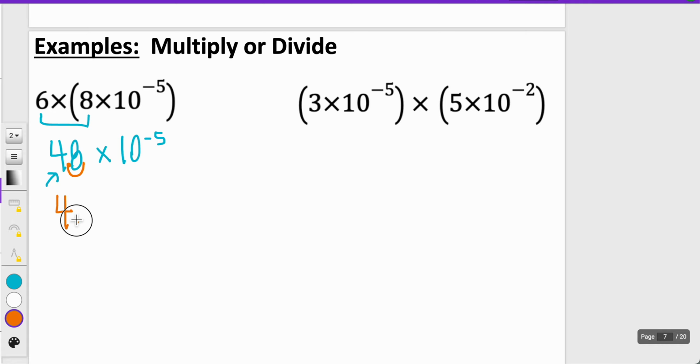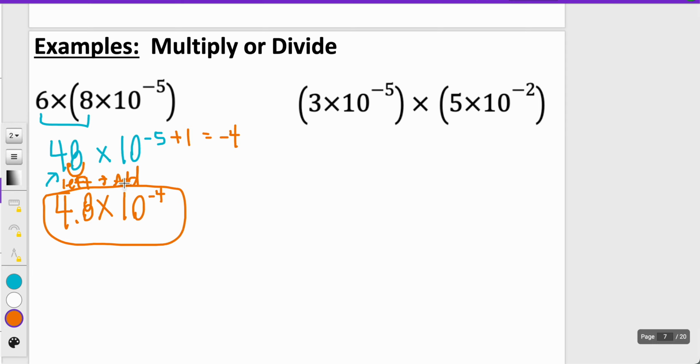So yes, my decimal will be 4.8, but because I moved it to the left, I am going to add however many times I needed it. So I'm going to add one time to the left, which would make this a negative 4. So I'd get times 10 to the negative 4.